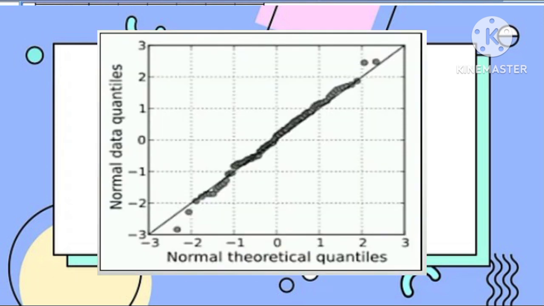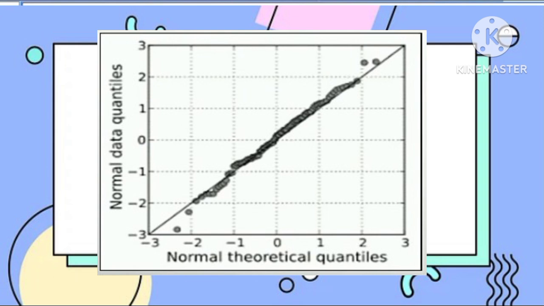So here's the figure that we can see comparing two probability distributions. If the two probability distributions came from populations with the same distribution, the points fall approximately along the 45 degree reference line. So as you can see, yung ating points is along 45 degrees yung reference line nila.